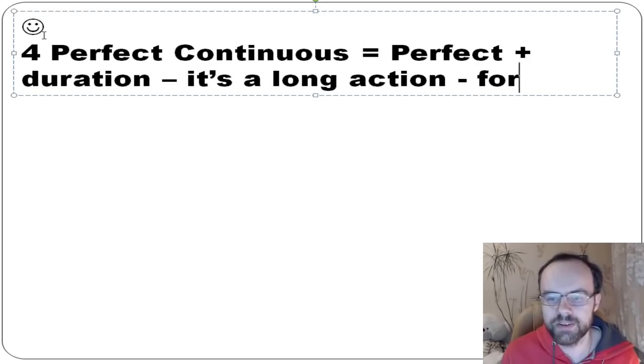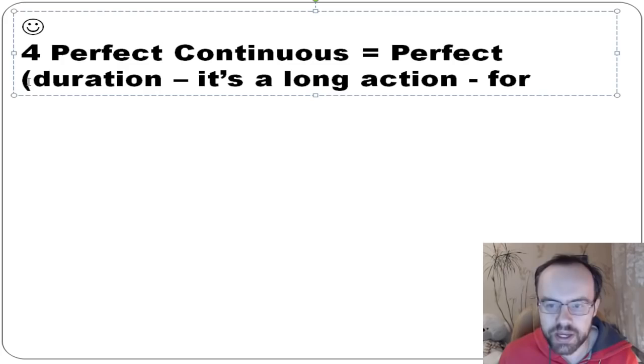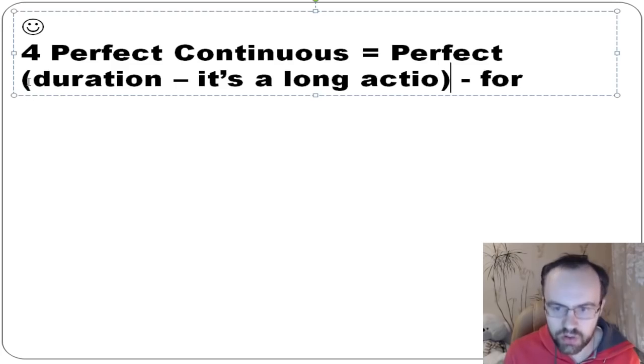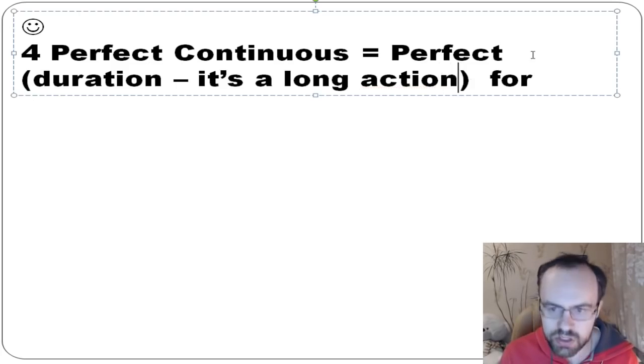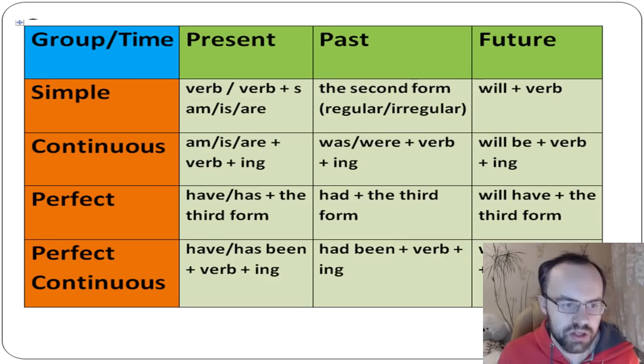For is a very common word for perfect continuous, remember. So it's the group perfect, which means plus for, and you know that for means duration. You see how it's easier to understand.